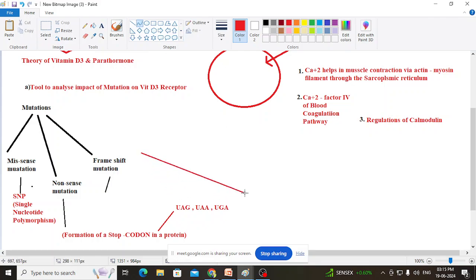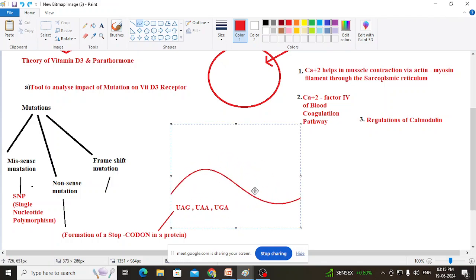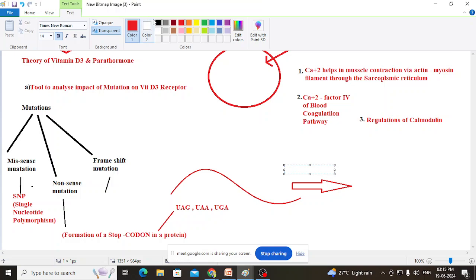What is the impact that you understand first here? So we are discussing this. Consider that this is your protein, a native protein. Then a nonsense mutation takes place, and what will it lead to?